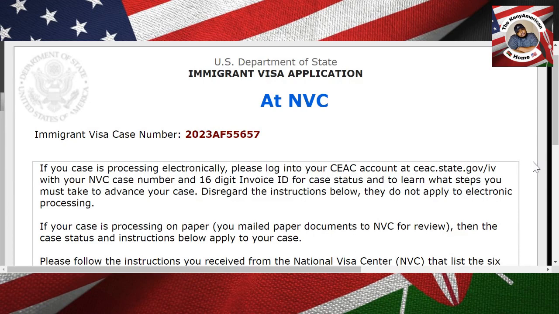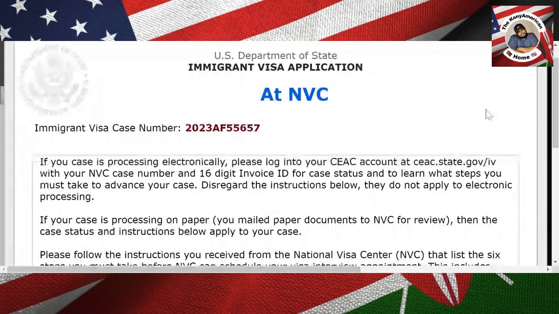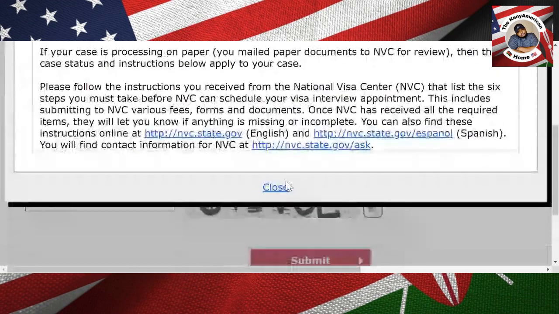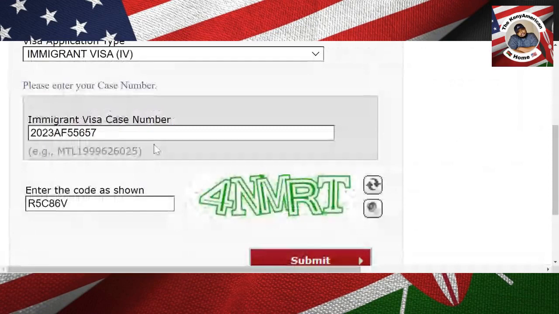I don't think I need to do more examples of NVC, because the majority of the cases are here. That means they're waiting for the embassy to be ready for them to take up the interviews. The next status I'm going to talk about is transfers.